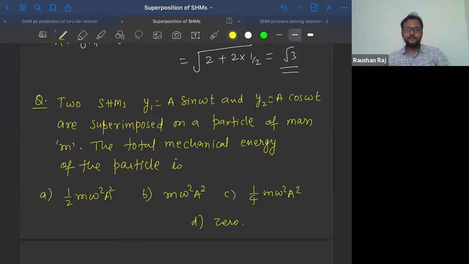Guys, please be honest. Okay, they're quite few. There are so many guys who don't remember the formula. Okay. Chalo, then we can't solve this question.